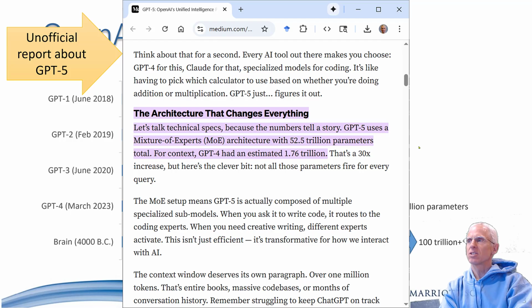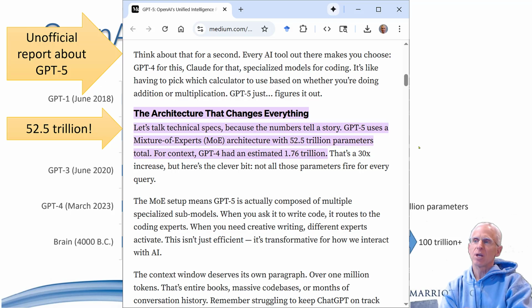I think this is a report about GPT-5. GPT-5 uses a mixture of experts model, and this article from Medium.com estimated that it had 52.5 trillion parameters. Back in chapter 3, we talked about mixture of experts. What that means is that in inference, we don't actually have to calculate across all 52 trillion parameters or weights of the model.